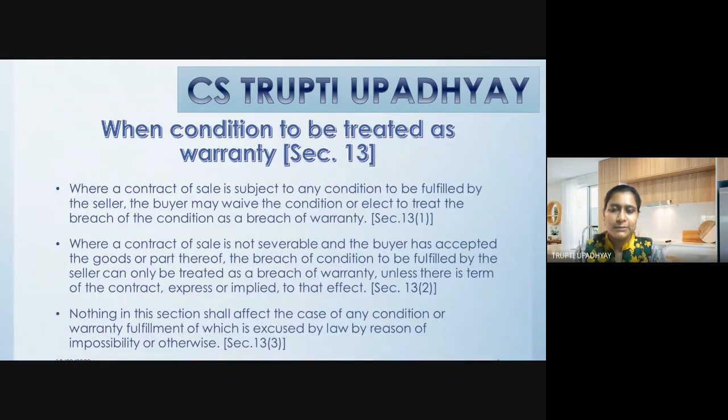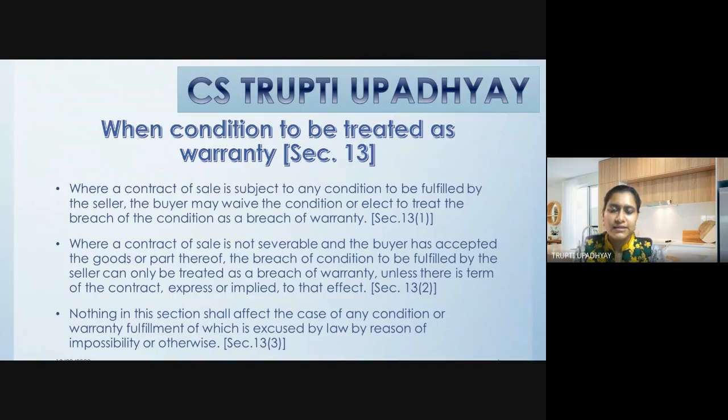Now we'll be learning about the cases under which a condition may be treated as a warranty. Where a contract of sale is subject to any condition to be fulfilled by the seller, the buyer may waive the condition. So the first case is by waiver. The buyer may waive, meaning he may give up his right to get the conditions fulfilled by the seller.